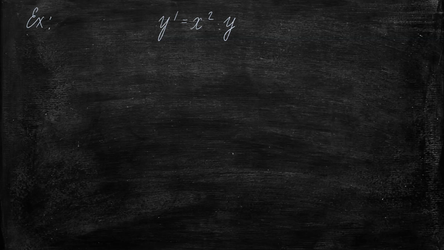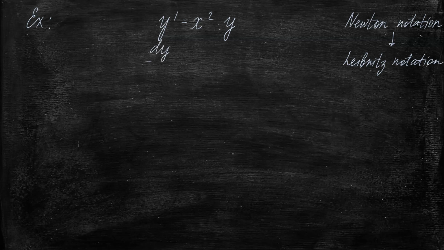And let me note that this equation is written in Newton notation, for which we use little apostrophes to denote the derivatives. Alternatively, we can use Leibniz notation. And in Leibniz notation, this equation can be rewritten as dy/dx equals x squared times y.